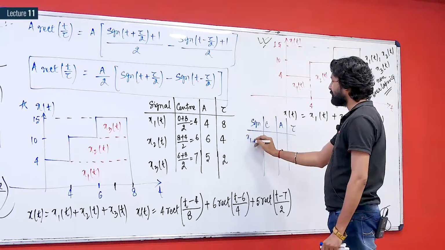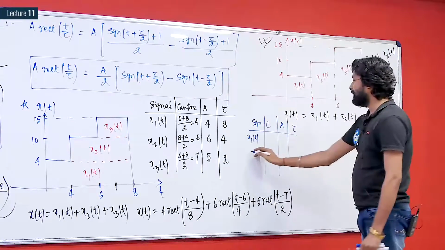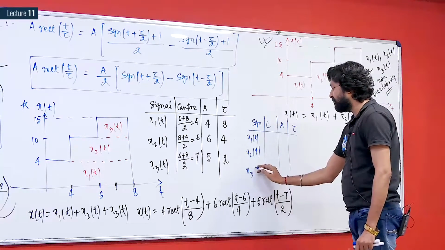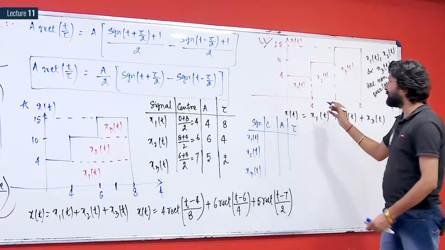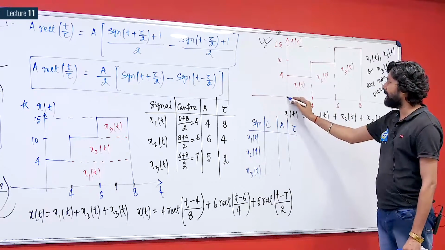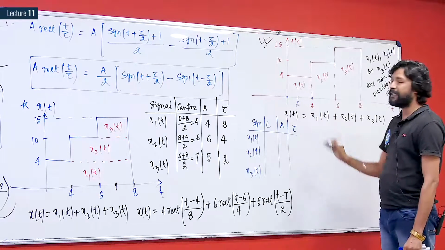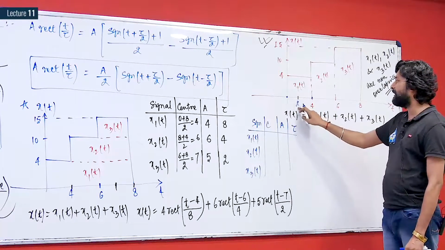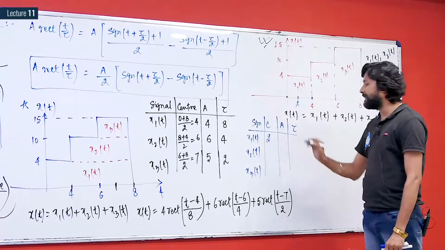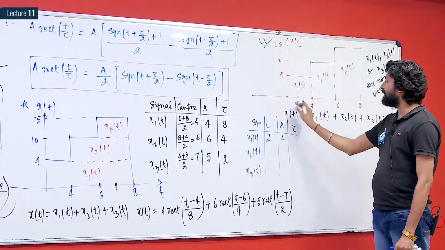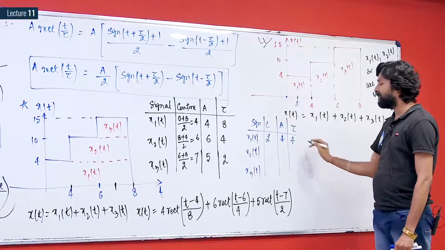For signal x1 of t, the first rectangle lies between 0 and 4 seconds. So the center will be at 2 simply by symmetry, or you can take (0 + 4) by 2, which gives 2. So the first rectangle is centered at 2, having amplitude 4 and total width 4 seconds.